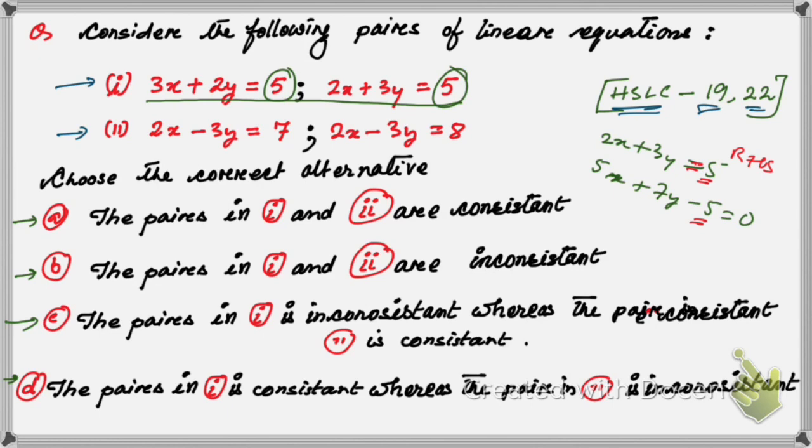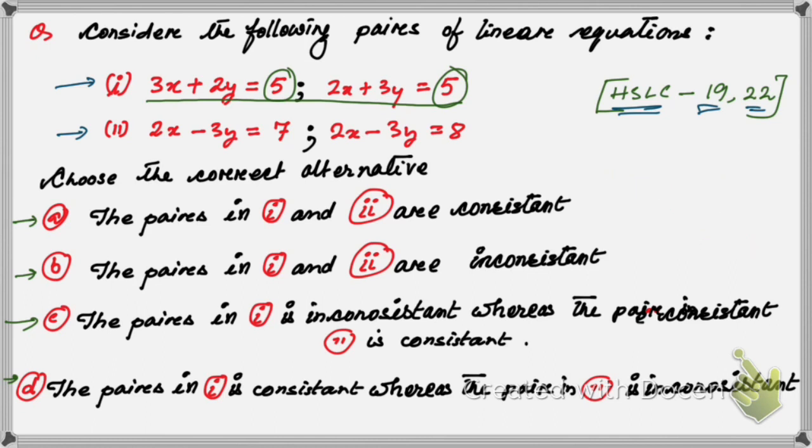So just to solve this kind of question, make sure that the constant terms are on the same side. If they are not on the same side in both equations, just rearrange the equations. So here this 5 is on the right hand side, so shift this constant term to the right hand side also. In both equations the constant must be on the same side.